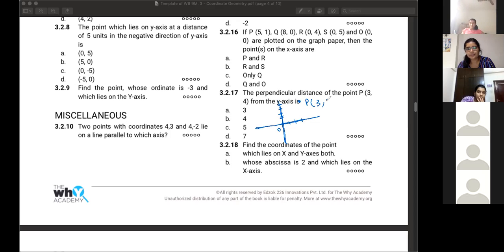P is given to be 3,4. You go 3 in the x direction and then 4 in the y direction. So 3 horizontally here and then 4 vertically over here. That's how you reach P. Now what are they asking? Perpendicular distance from the y-axis. If P is here, then from here to here, what will be the distance from P to the y-axis? This distance is 3. That's how you find it out.